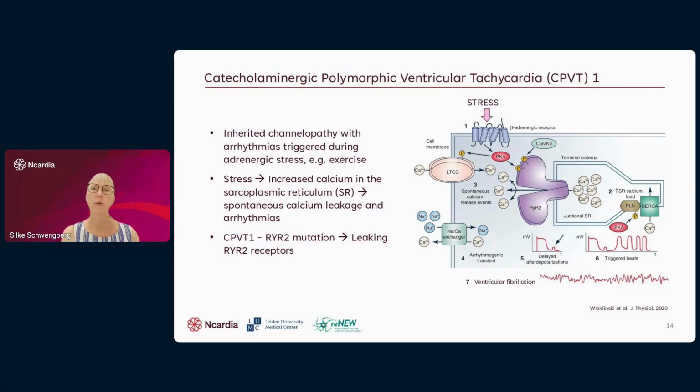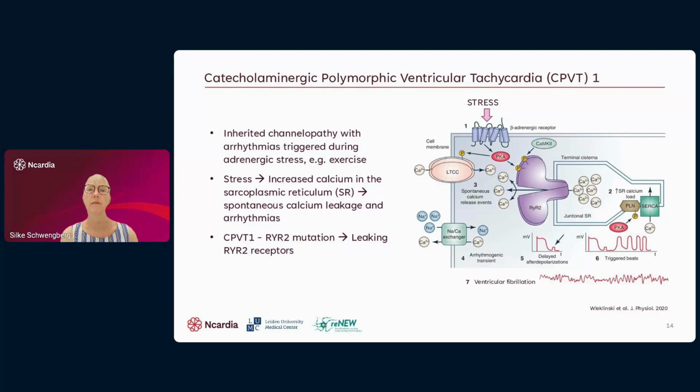So in the current collaboration that we have with the LUMC, the disease of interest was CPVT1. And CPVT stands for catecholaminergic polymorphic ventricular tachycardia. So this is really a tongue-breaking disease name, which is an inherited channelopathy with arrhythmias triggered during adrenergic stress, for instance, during exercise phases.